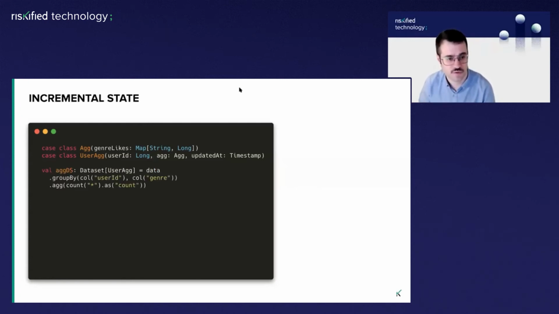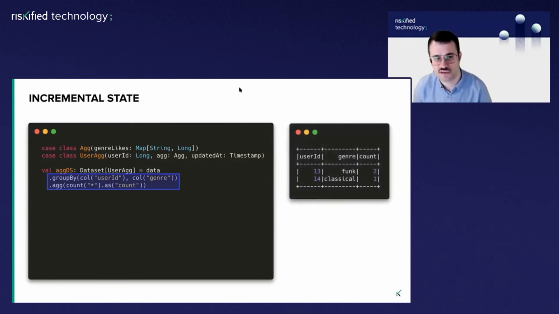And now let's see how we can actually transform the data that we've read, the dataset of sentiments, into a dataset of UserAg. So we start by grouping by user ID and genre, and then counting each group, which brings us a data frame that looks like this. We have a user ID and a genre, and the count per user ID and genre.